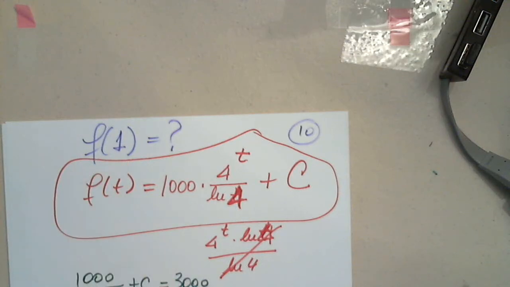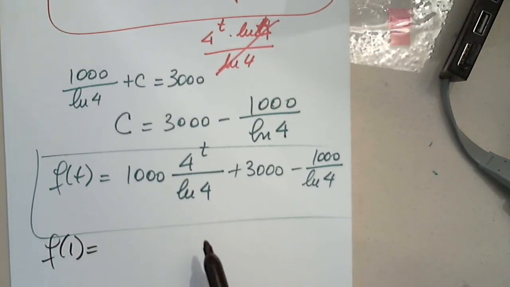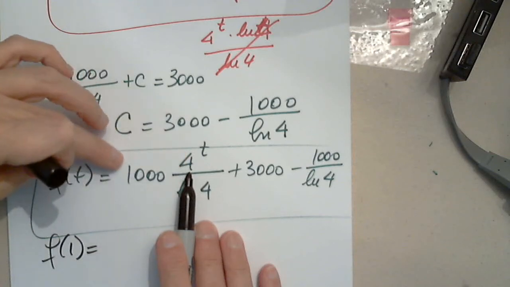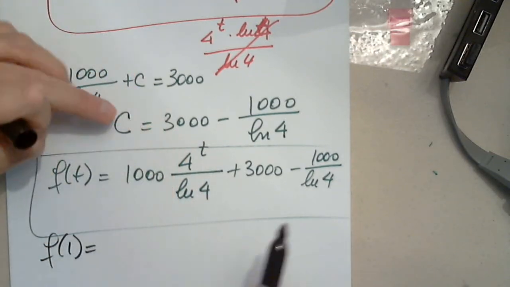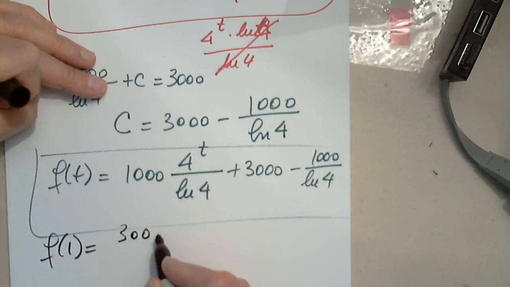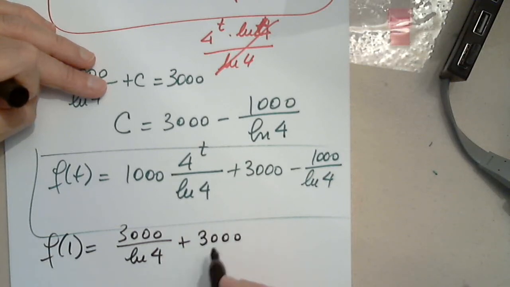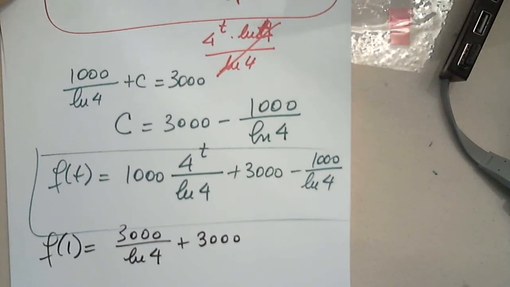The question is to find f of 1. And now f of 1 is a piece of cake. You just plug it in. So f of 1, this is 4,000 minus 1,000, so 4,000 over natural log 4 minus 1,000 over natural log 4 is 3,000 over natural log 4 plus 3,000. Now, how do they want the answer? Round the answer to the nearest whole number.